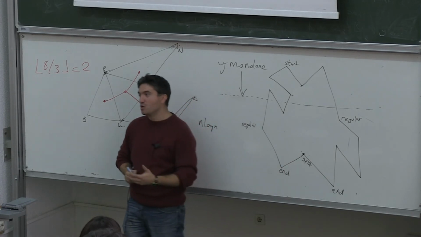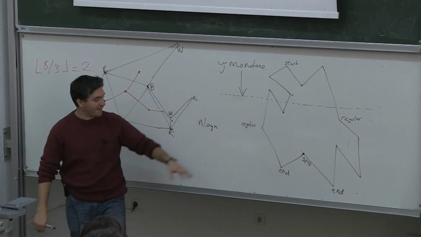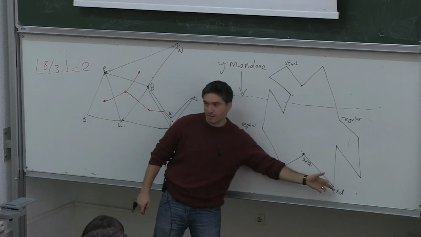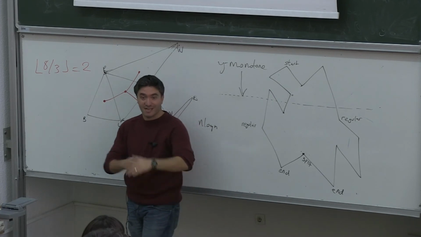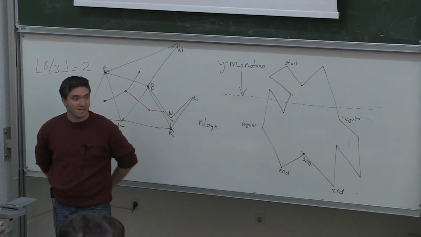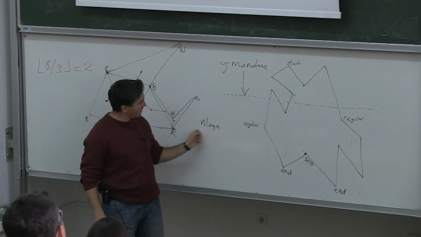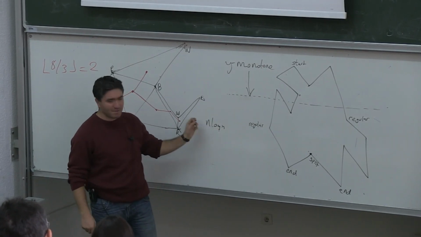So maybe we can make use of this fact, but it doesn't guarantee it. For example, these are ordered like this, but this comes first before both of these. At turn vertices, the y sorting is violated. So I think you may still need n log n for the event queue, but I'm not sure.